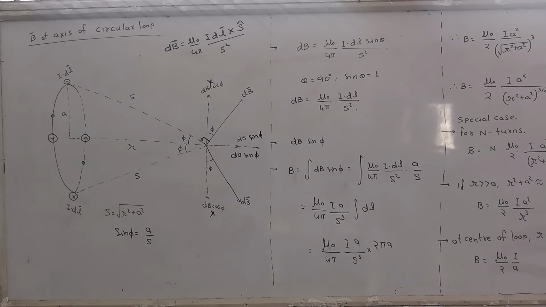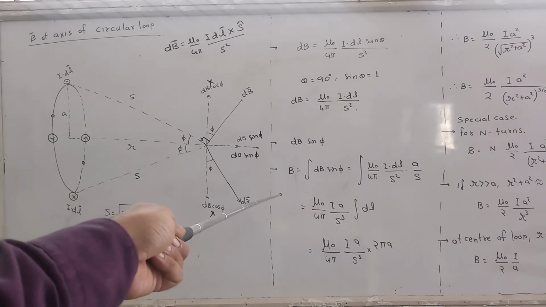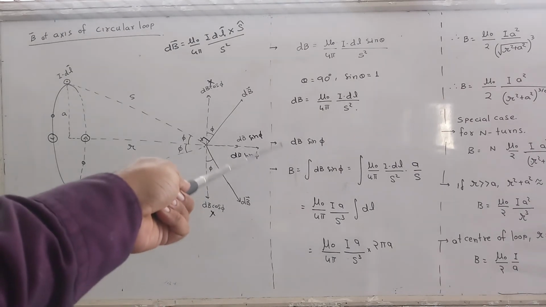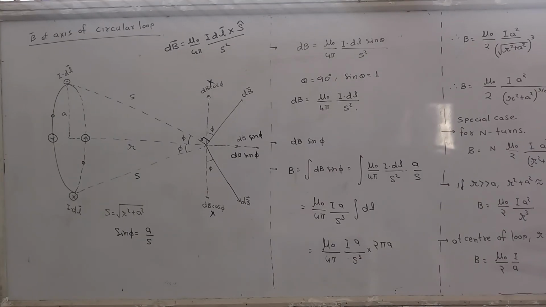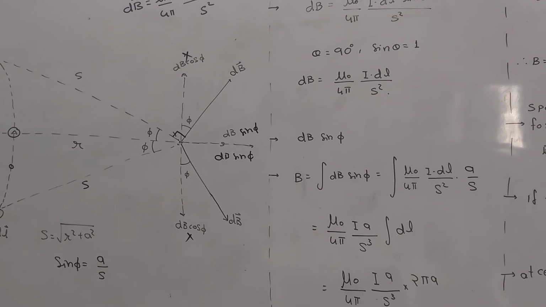In the third step, we are going to find the total magnetic field. How to find the total magnetic field? Integration of dB sin phi, integrating all this. So now what you are supposed to do? Put the value of dB and then put the value of sin phi. From the diagram you can see the value of sin phi.